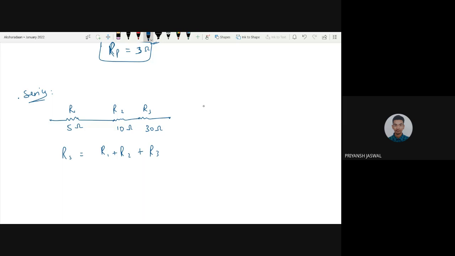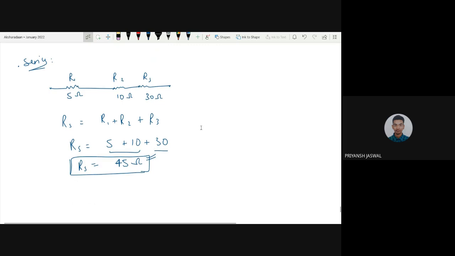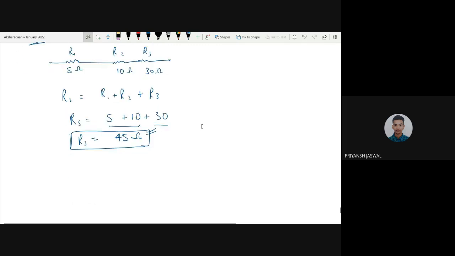So R1 plus R2 plus R3, that is 5 plus 10 plus 30. That is 15 plus 30, which is 45 ohm. We'll do some good examples next time, for series also and parallel also. So these were the combinations.